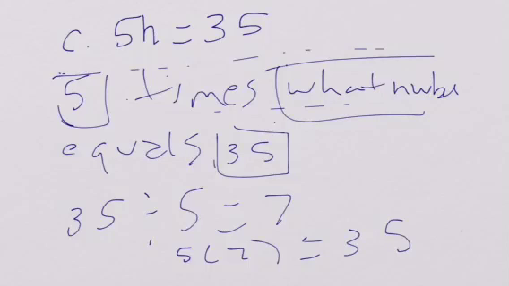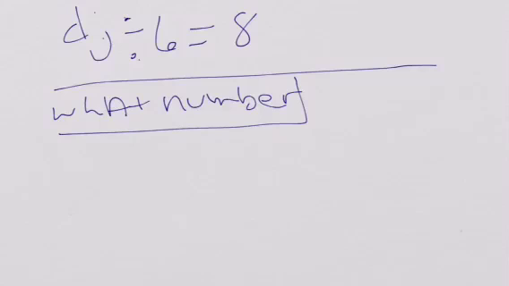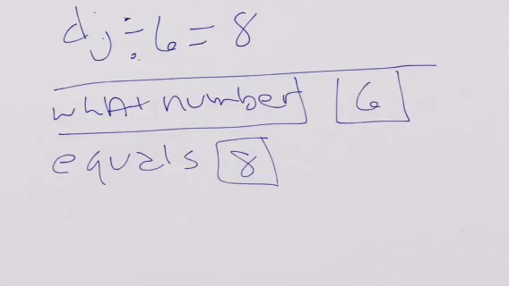And on the last one on that page, on D, last one on that top section, is D, is J divided by 6 equals 8. The question that it's asking us to answer is what number divided by 6 equals 8, because we have the 6 here, we have the 8 here.